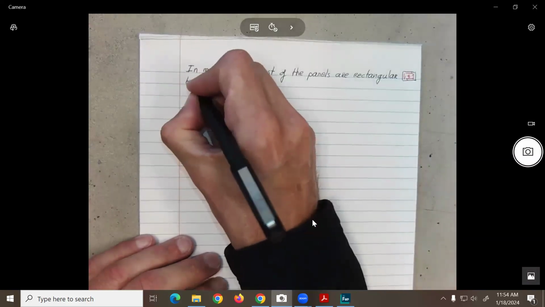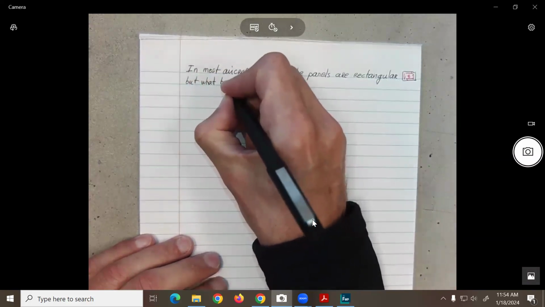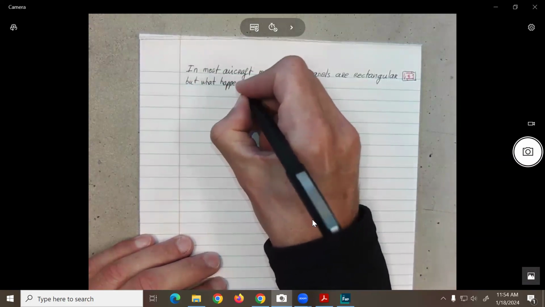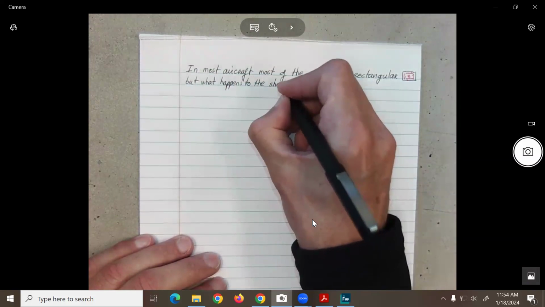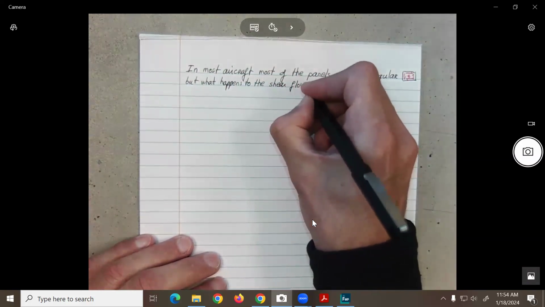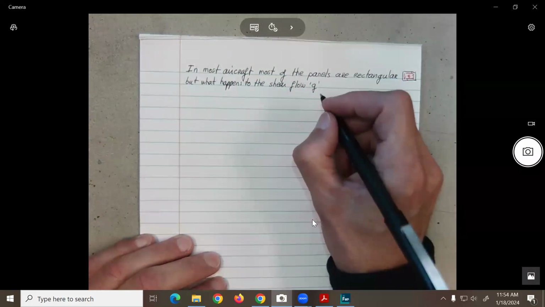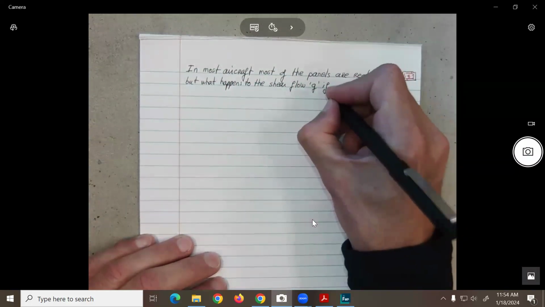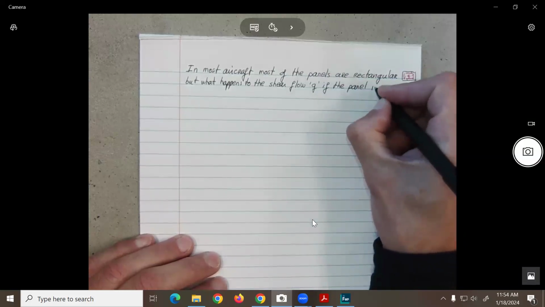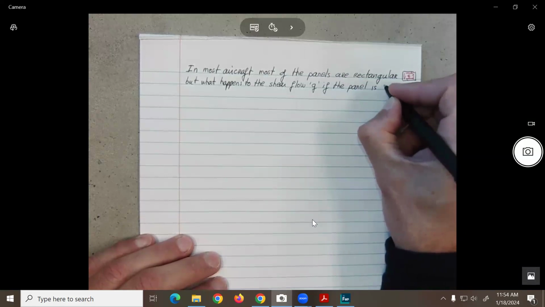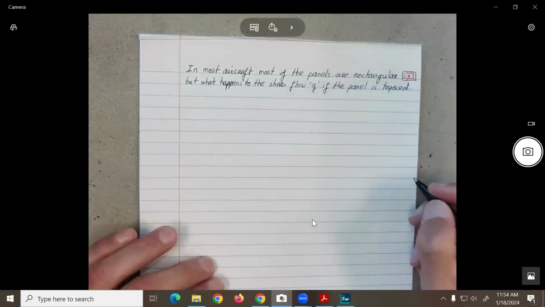What happens to the shear flow Q if the panel is, instead of saying not rectangular, let's say that it is tapered.